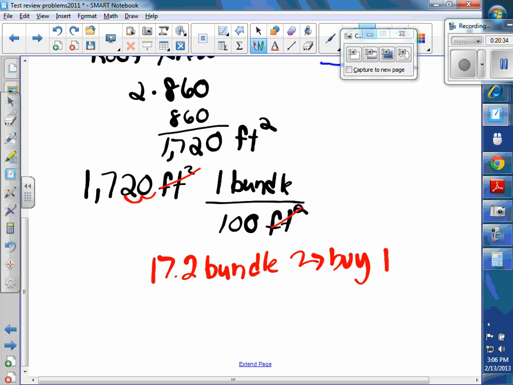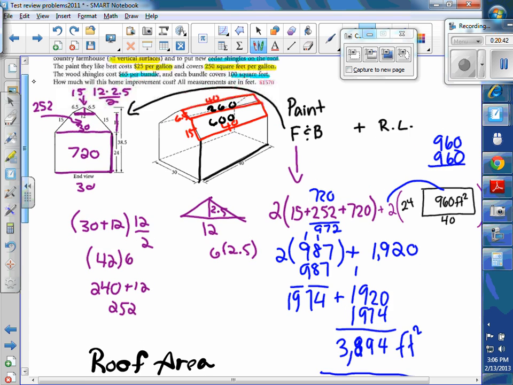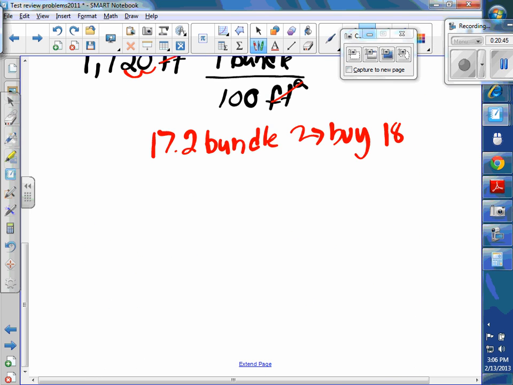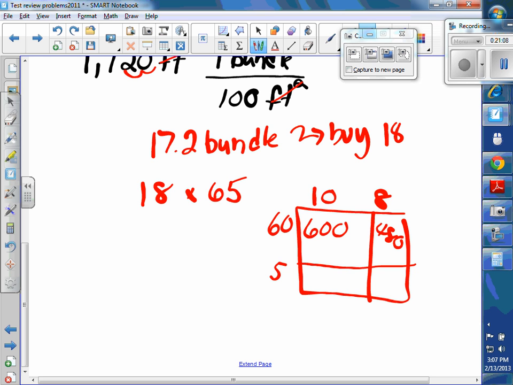And so each one costs $65. Okay, so 18 times $65. So 600, 480, 50, 40.